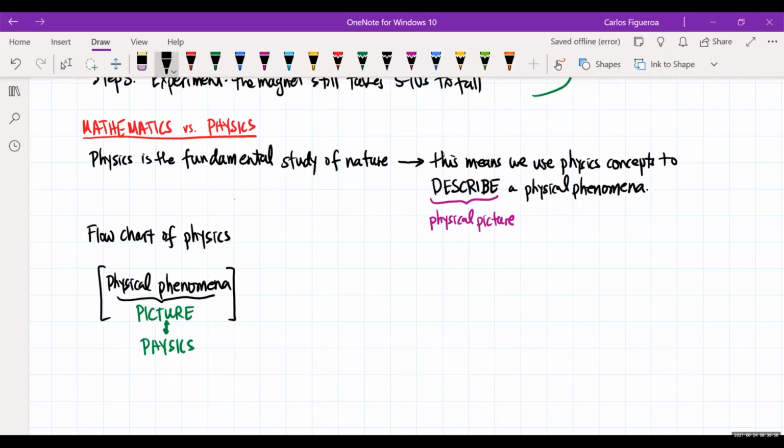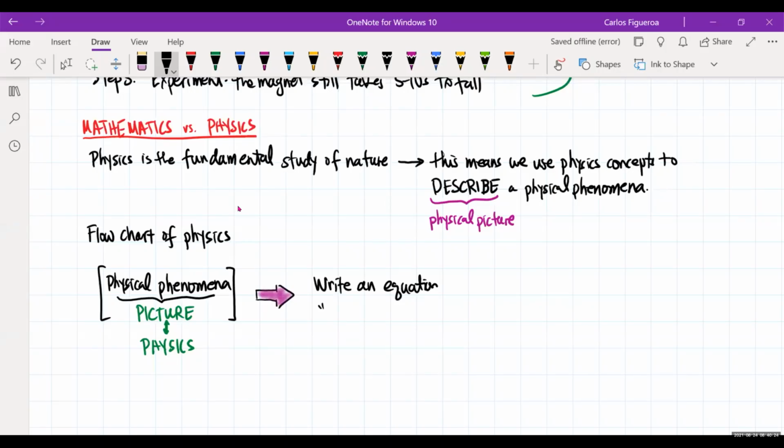Once you've got the picture, we need to put it into a universal language. So that means my flow of process here is that now we write an equation. That picture is translated into an equation.